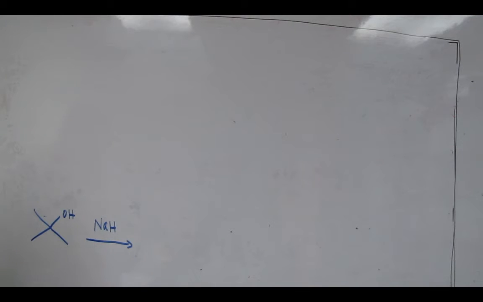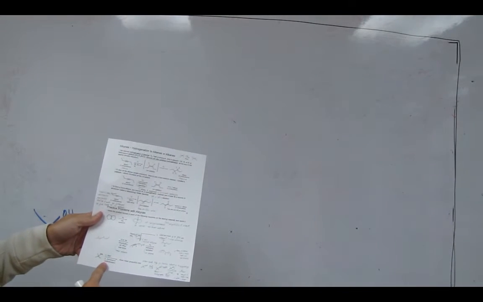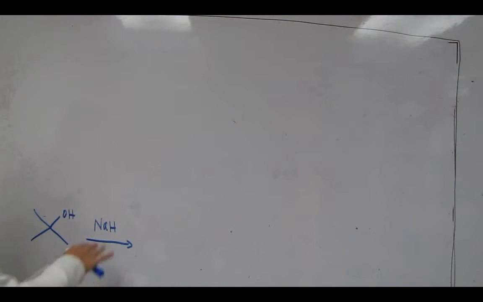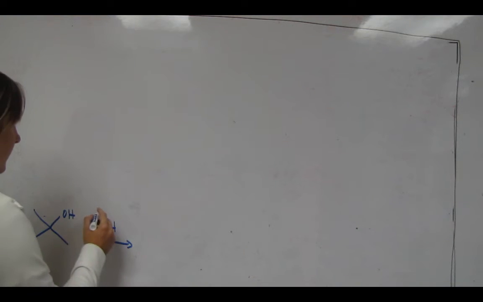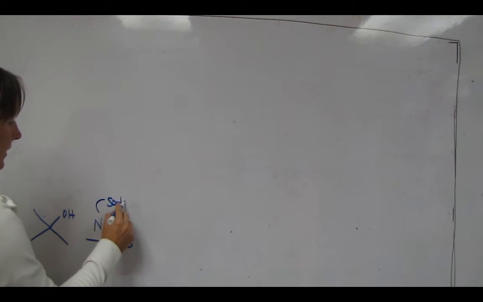So in the last problem, you are given an alcohol and then 2 steps right in a row, written together. My advice on these is to just draw the first step first and draw the product that results. Okay, so we have an alcohol, and then we have NaH. This stands for sodium hydride.